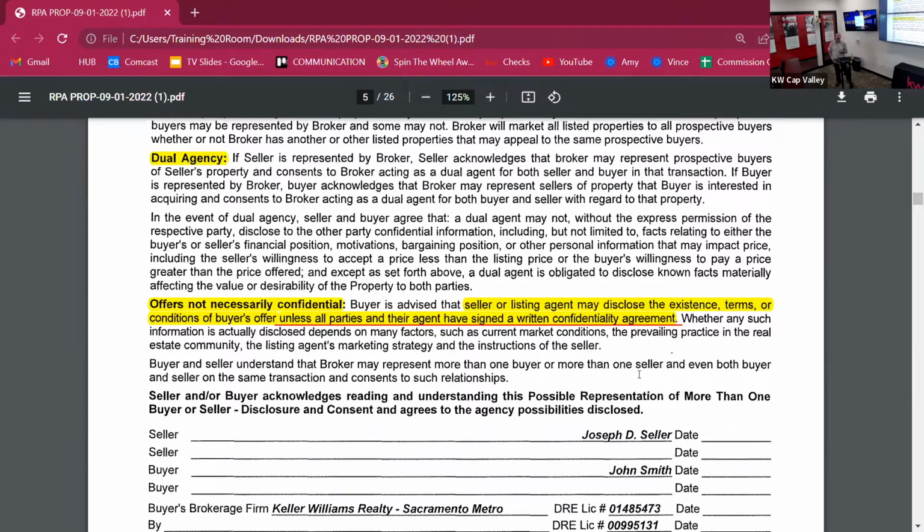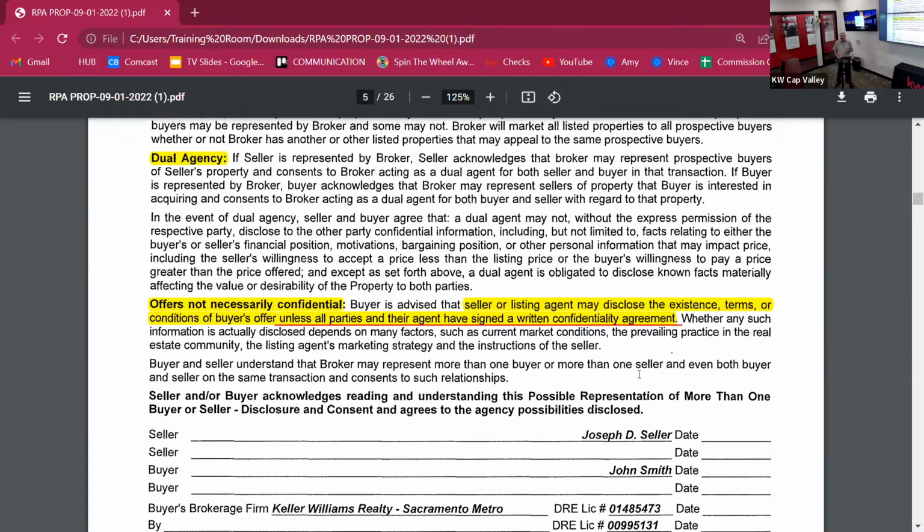Now, whether he does this or not, it's entirely up to him and the seller. It's entirely up to the current market, what's going on, what his marketing plan is. It might be a type of market where it would be advantageous to do that.